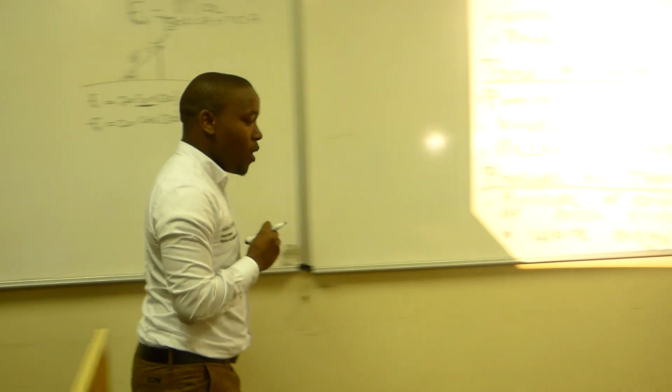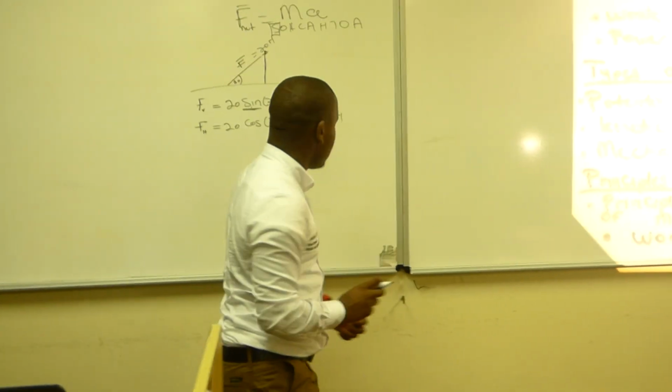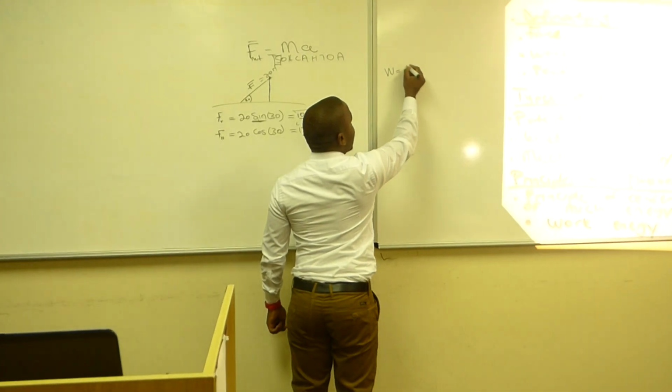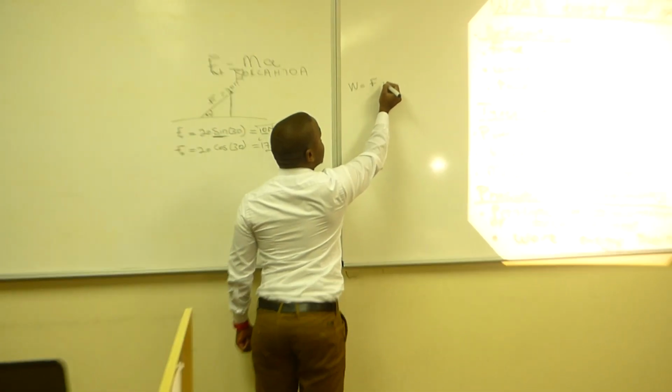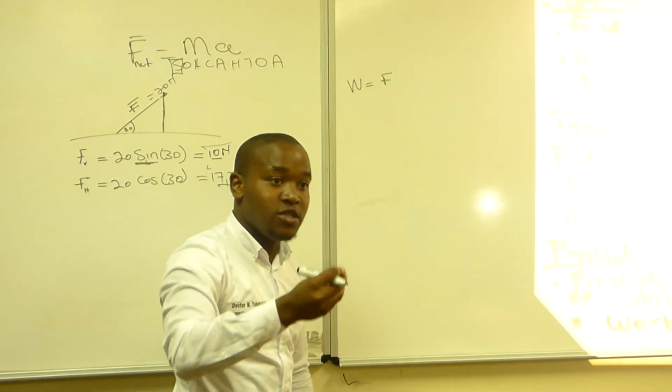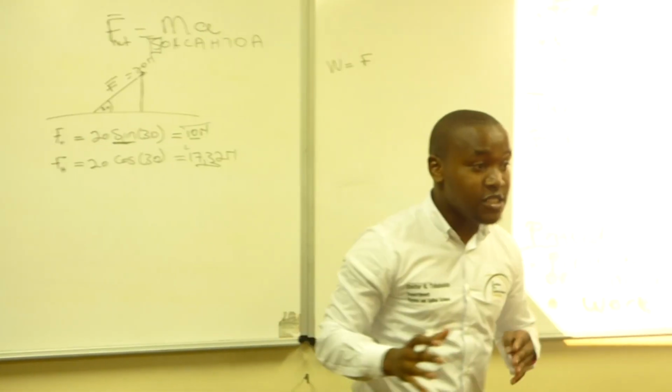Now, if I'm doing work in the horizontal direction, I claim that work is done if I apply a force on an object and I cause the object to move a certain displacement.